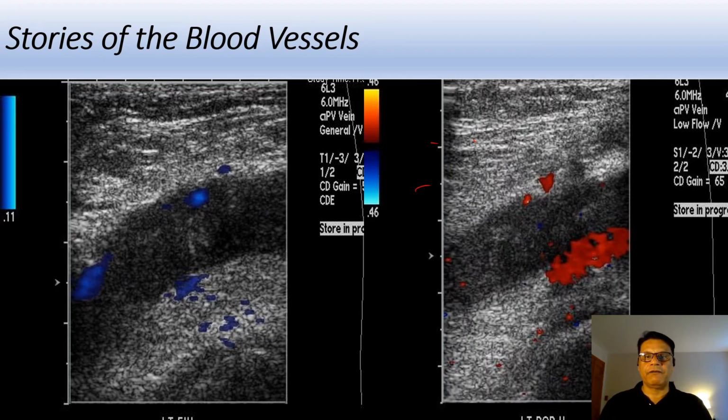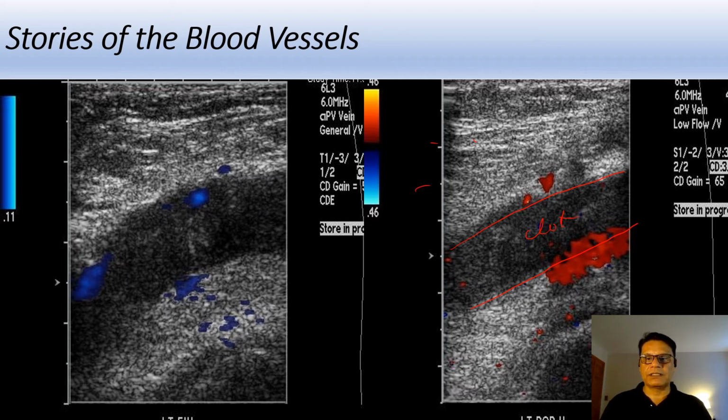So this is popliteal vein. Popliteal vein is located behind the knee, and again the intensity of the internal echo is more, and that is representing a clot.